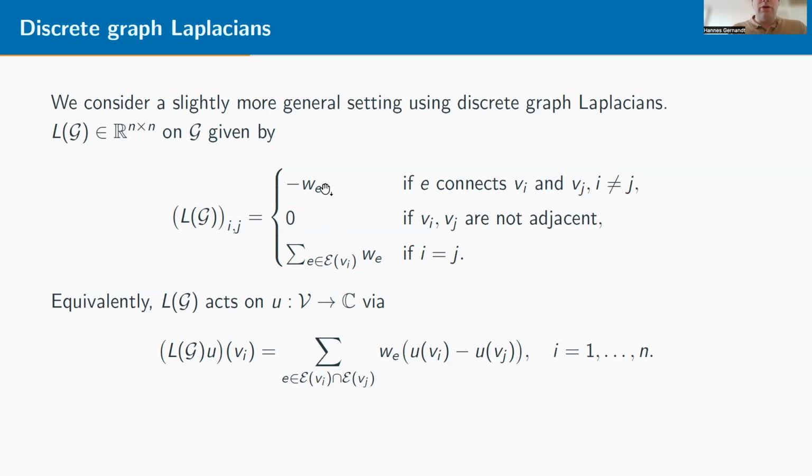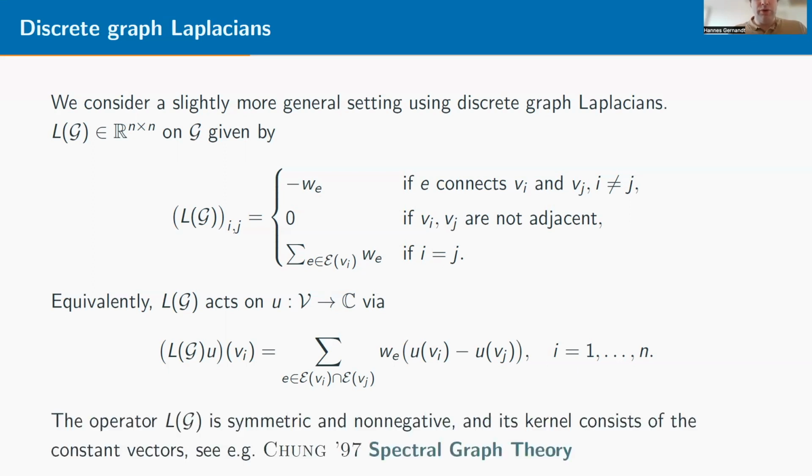And on the off-diagonal entries, you just set minus w_e, the weight, if e connects vertex Vi with vertex Vj. You can also rewrite that, how it would act on a vector, and then you have these weighted differences which are summed up. And if you reorder the terms, you get this sum here again. So this is the discrete graph Laplacian.